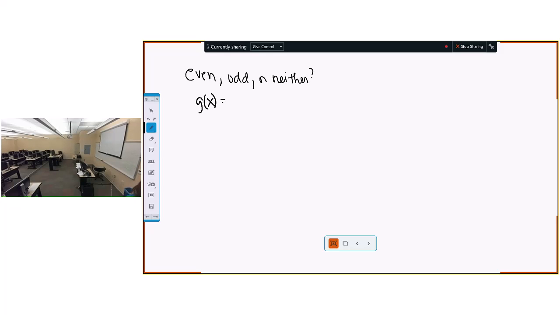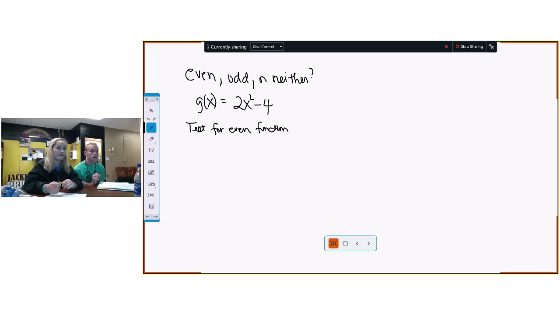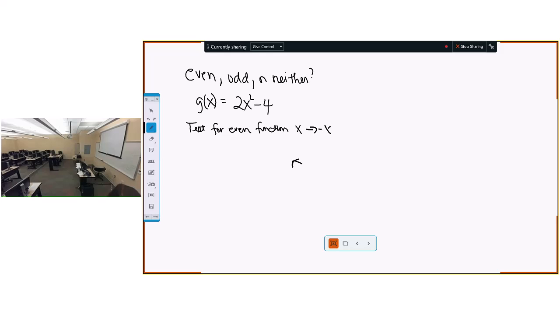g of x equals 2x squared minus 4. Okay? So first we're going to test for an even. And how do we test for an even function? Okay, we're going to let x go to a negative x. Because remember, an even function is symmetric with respect to the y-axis.